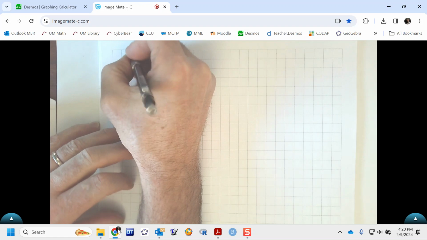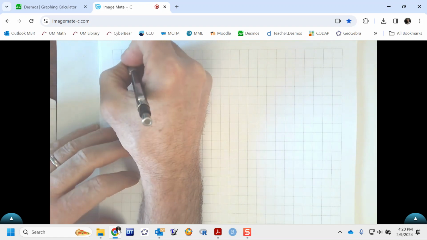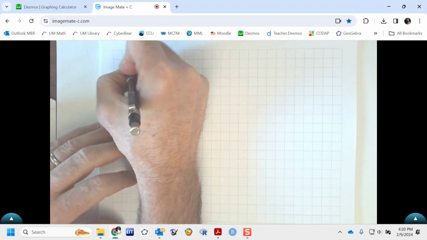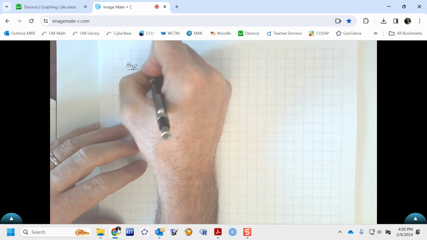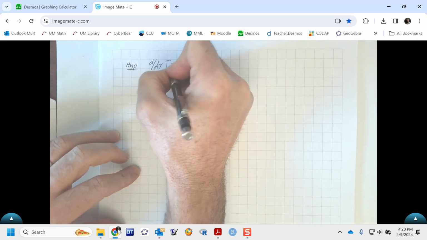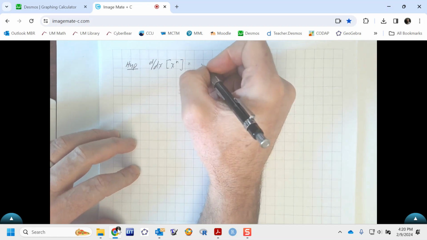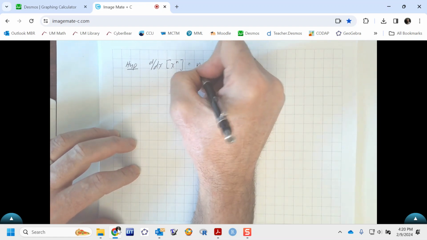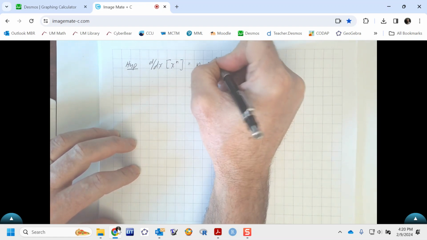So a little bit harder. This is what we like to call the power rule. So our hypothesis here is that d by dx of x to the n is equal to n times x to the n minus 1.